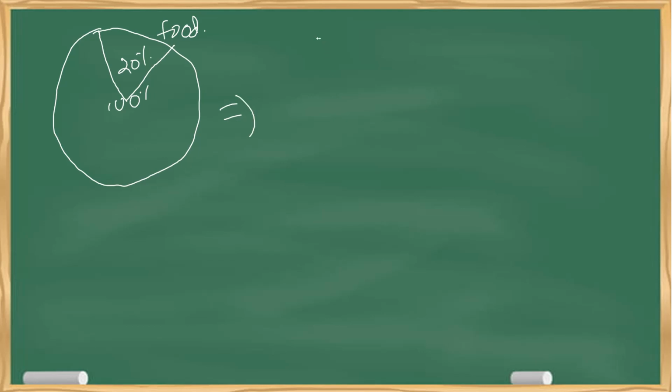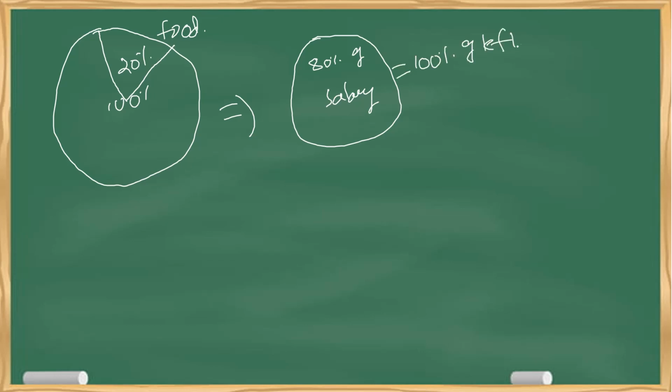Now this is actually how much? 80% of salary, which should be considered as 100% of left. Whatever is left, I assume this is my current salary, the current amount.